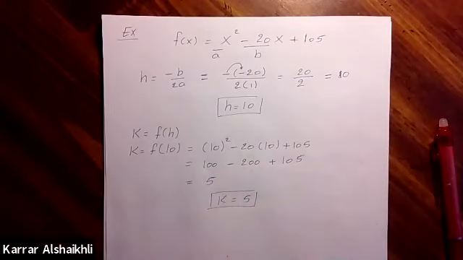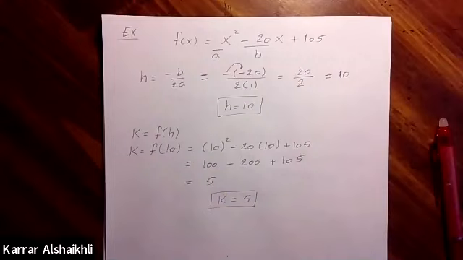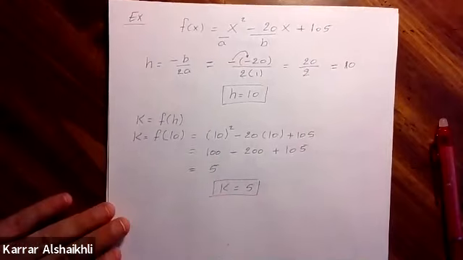So these are the first two steps I have to do. Always, when they ask you to convert the quadratic equation to the vertex formula, or if they ask you to find the vertex point, you have to do the same steps and find the h and k. So now let's start writing down the vertex formula.